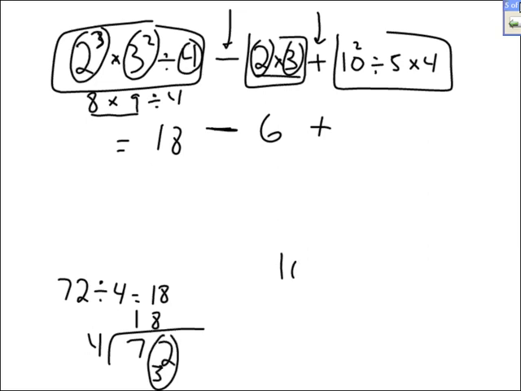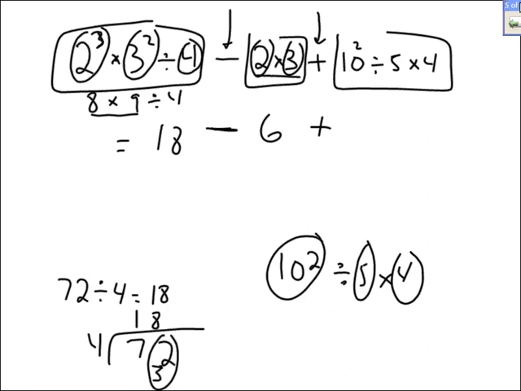Then we have, let me do it down here, 10 squared divided by 5 times 4. Is that divided by this times that. 10 squared is 100 divided by 5 times 4. You do not do multiplication before division. You do not do division before multiplication.